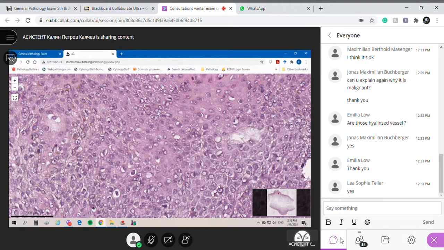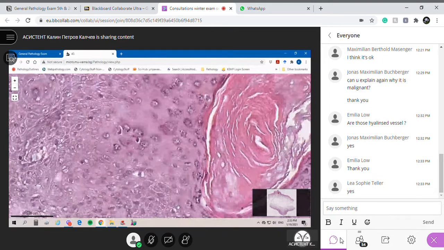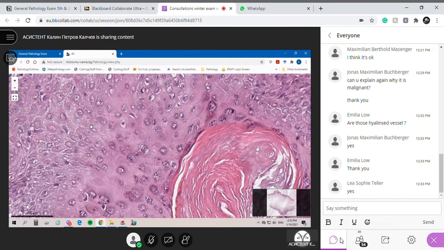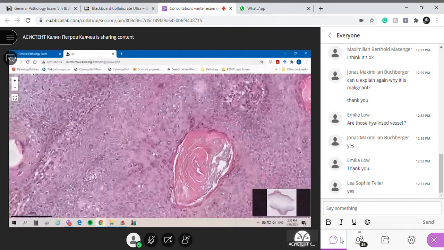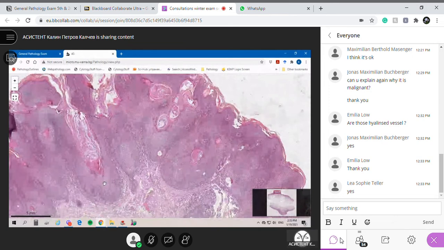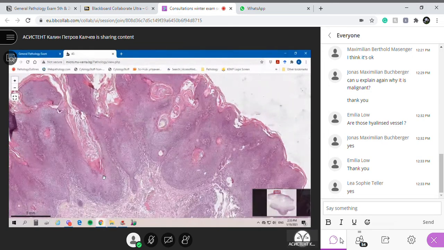They haven't lost that. They still have maturation of the epithelium. You can see that there is some granular cell layer, there is a basal cell layer. So there is a good maturation of the cells, no nuclear and cellular atypia. It is only the arrangement of cells which is changed.